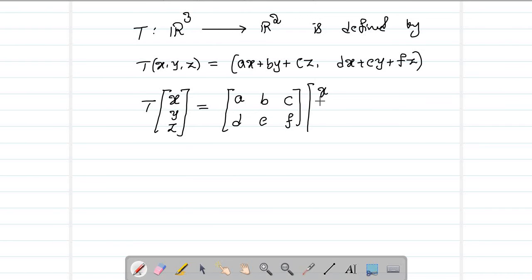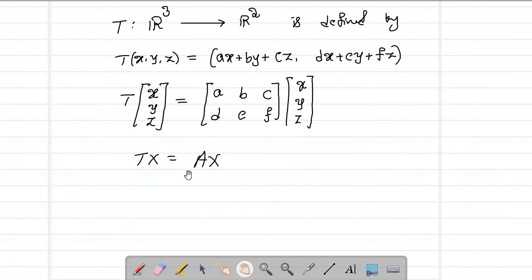So the same transformation you can express in terms of matrix multiplication. That is, T acting on x is the same as A multiplied with x. Every linear transformation can be expressed this way. This is the matrix representation with respect to the standard basis.